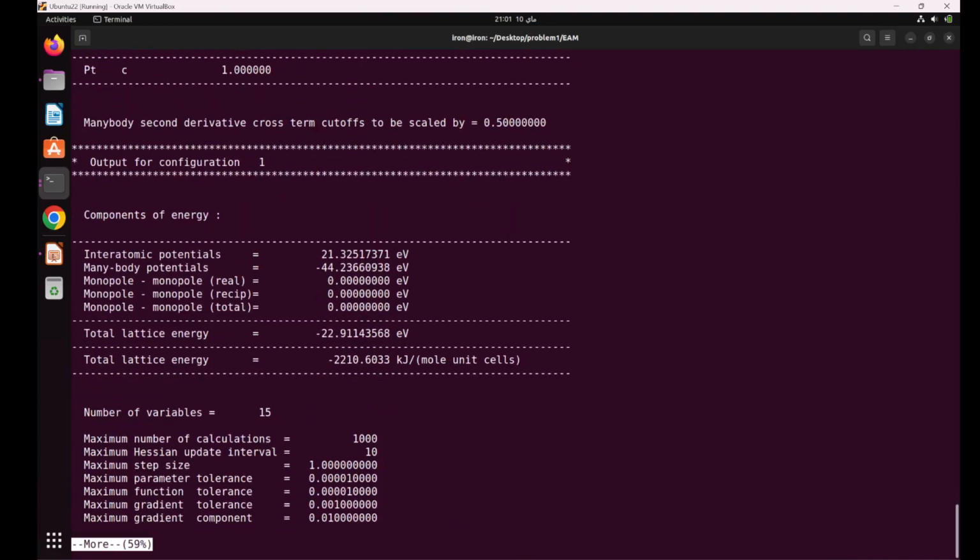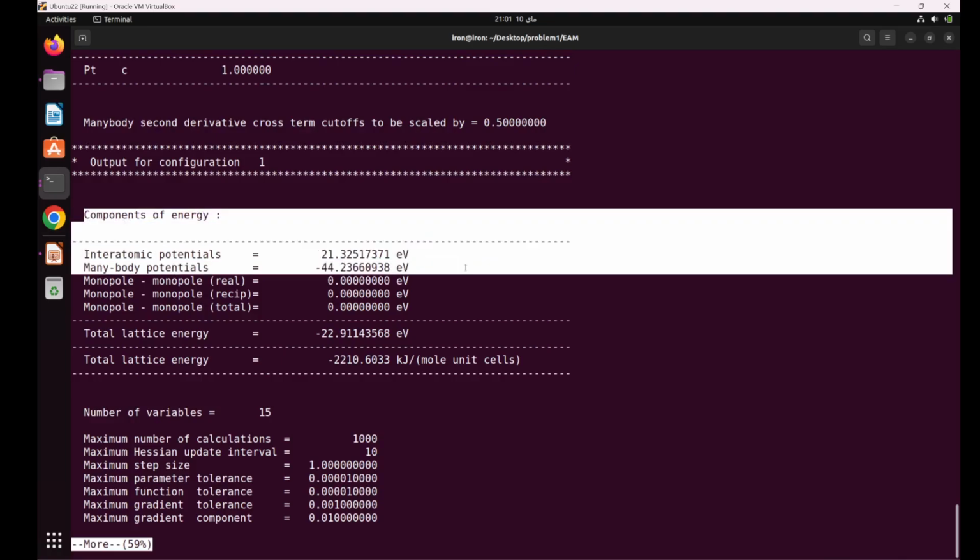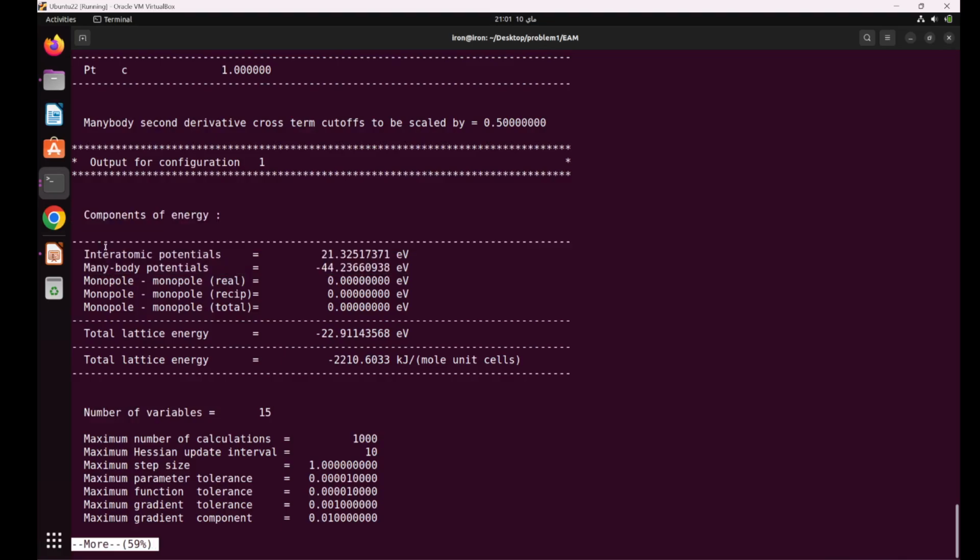Now one thing to notice is that there are two components of energy. If you go back to your Lennard-Jones calculation, there was only one component, the interatomic potentials. In Gulp language, that basically means the pair potentials, except for the coulombic, right?